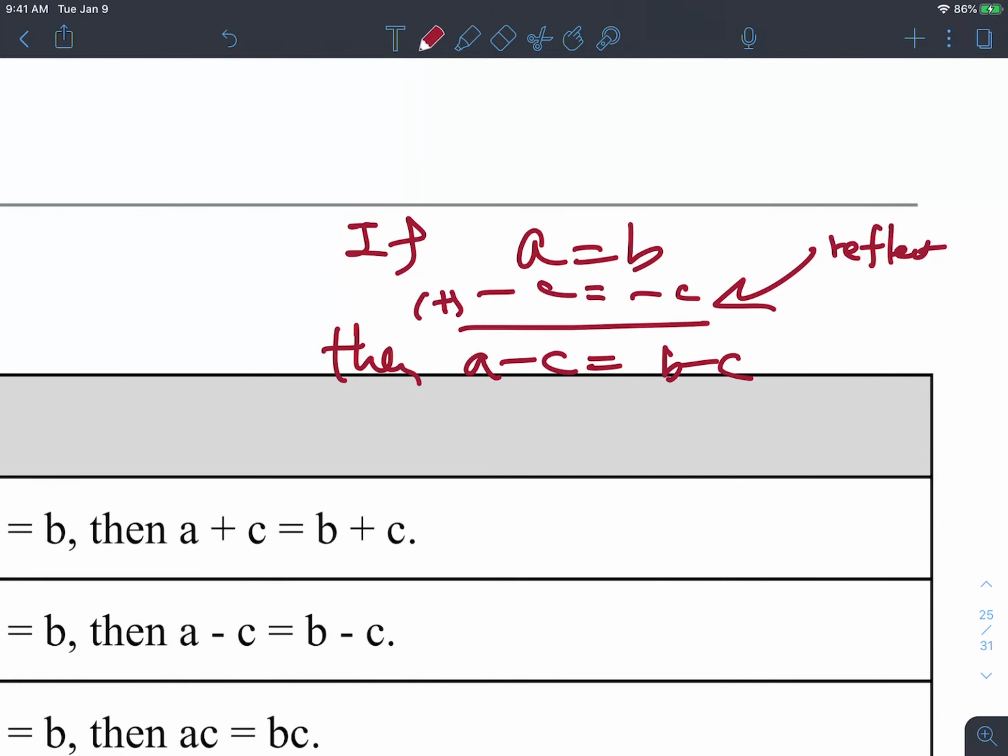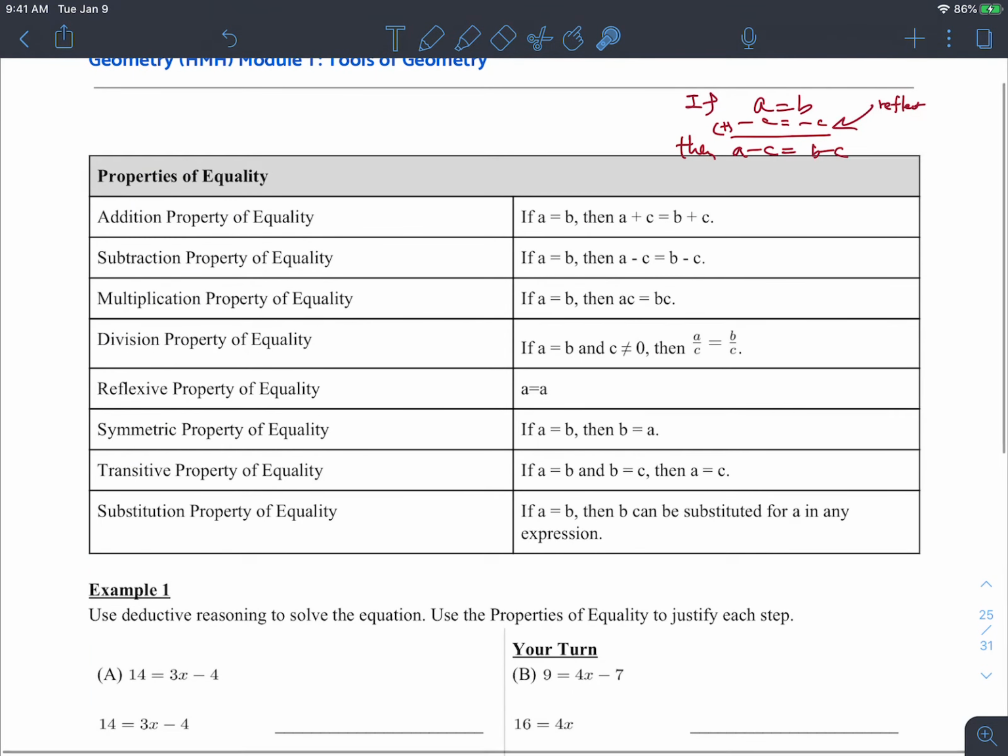And what we did is we added the two equations, the equation on the top and the equation on the bottom. So on the left-hand side, it yielded A minus C. On the right-hand side, it yielded B minus C. And that equivalence relation must remain the same. It still remains true, that is.